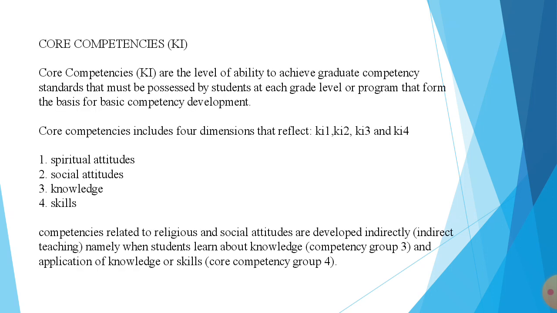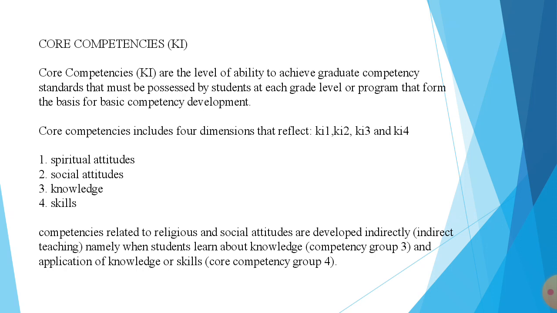Next, Core Competencies (KI). Core competencies (KI) are the level of ability to achieve graduates' competency standard that must be possessed by students at each grade level or program that form the basis for basic competency development. Core competencies include 4 dimensions that reflect KI 1, KI 2, KI 3, and KI 4: 1.